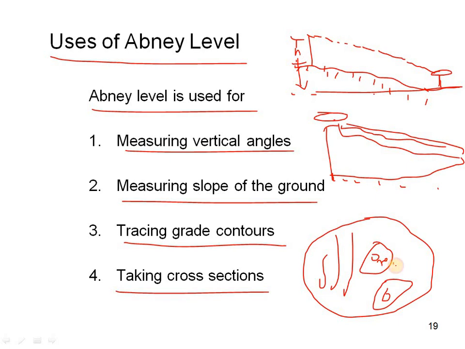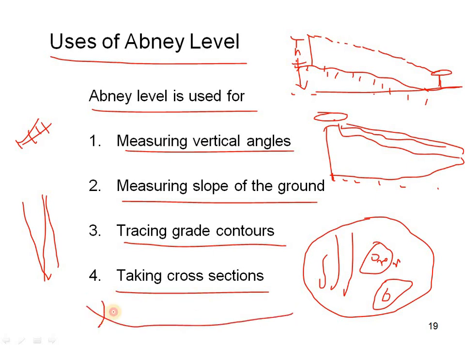So we can trace out the levels which are used in the contour maps, and taking the cross sections, the cross sections which are in the contour maps, just like for roads, or for railways, or for waterways, we will be taking the cross sections. So these cross sections will be just like this in our contour levels.